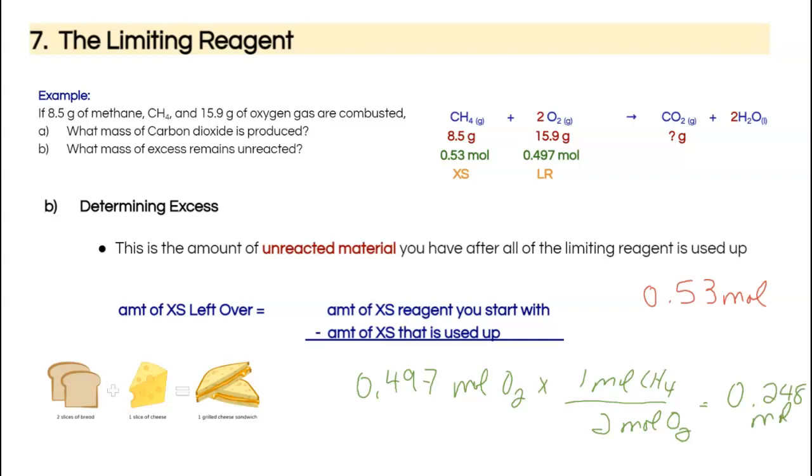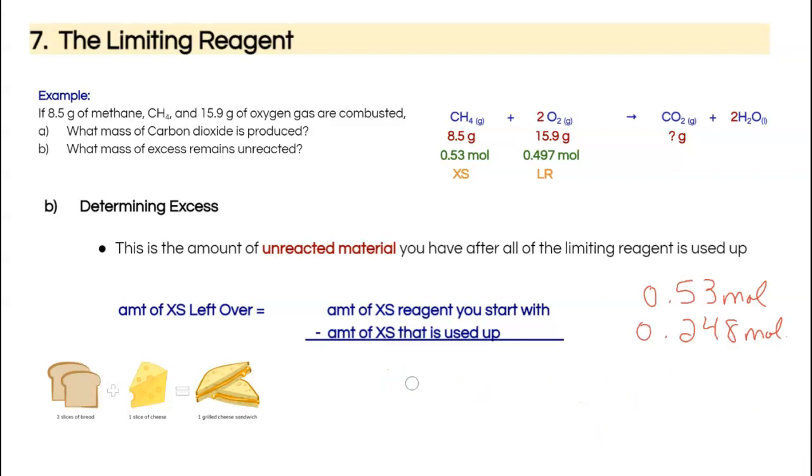So what that's telling me is that that's how much I actually used up. So I used up 0.248 moles, right? And so let me get rid of some of this down here. The difference between those two values will give me my moles of excess. Okay, so the difference between those.